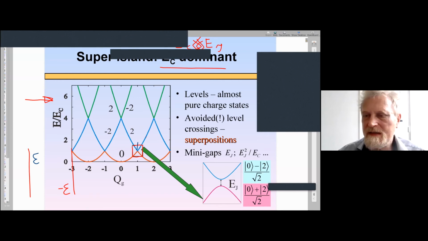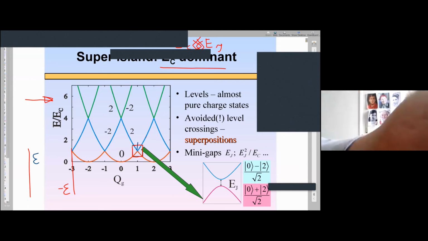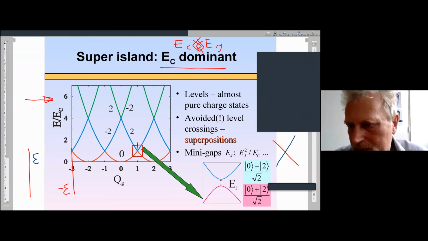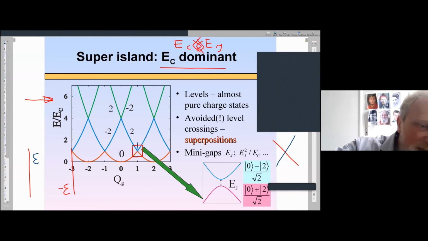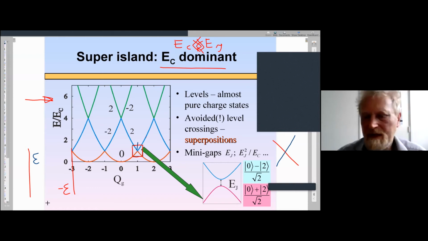Right. So now what is the Cooper pair tunneling energy supposed to do? It's supposed to couple these states, like electrons and holes are coupled in a superconductor in the beginning of this lecture. So it induces a non-diagonal matrix element in this simple Hamiltonian.